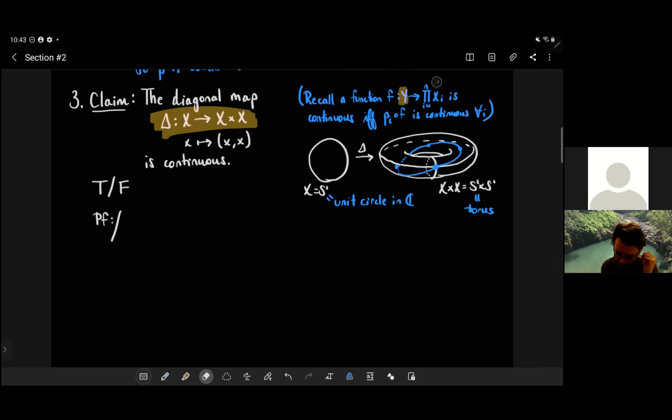And I know that map is continuous if, when you compose it on the left with any projection map, that is always continuous for all possible projection maps, then you're good, right? So all I have to say then is consider the projection maps.